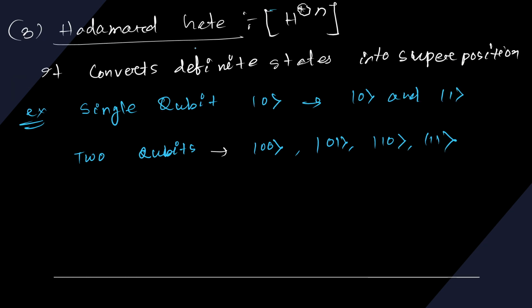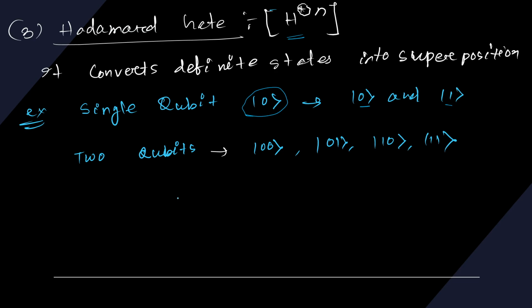Then the final one is the Hadamard gate, that is represented as this. The tensor product of Hadamard gates for the nth order converts the definite state into superpositions. What superposition means is, when I take a single qubit, it will convert it into the superposition of 0 and 1.